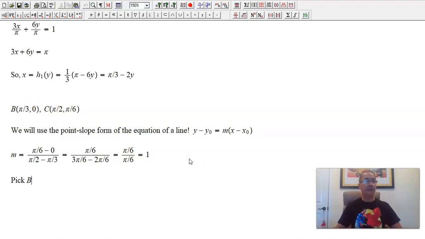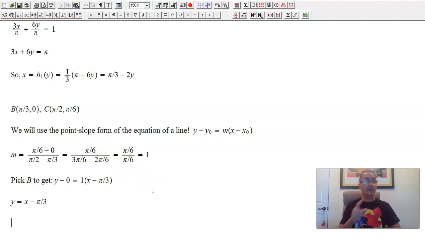So pick B to get y minus y0. y0 is 0. Equals m1 times x minus x0, x minus pi over 3. So of course we get y equals x minus pi over 3.